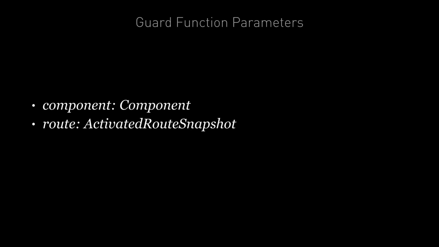And we can use its params property to extract the route parameters. And we can also pass it an instance of the router state snapshot. This is the future router state if the guard passes. And from this, we can find the URL we are trying to navigate to from the URL property.